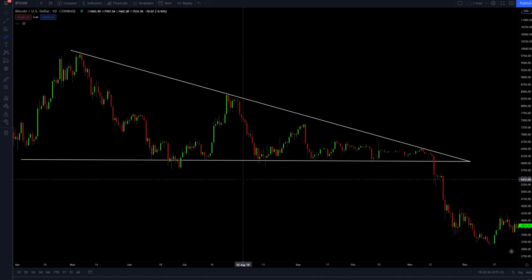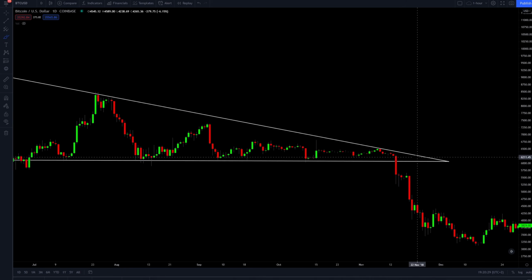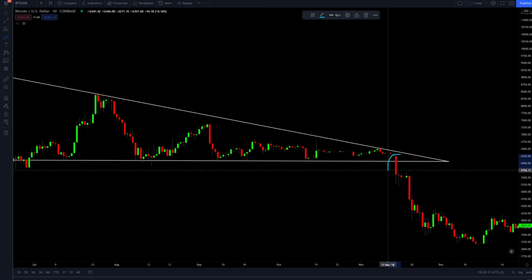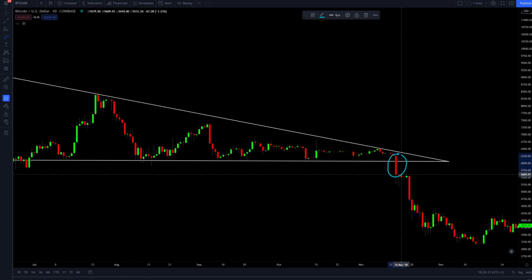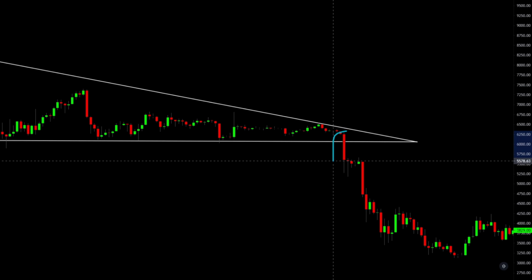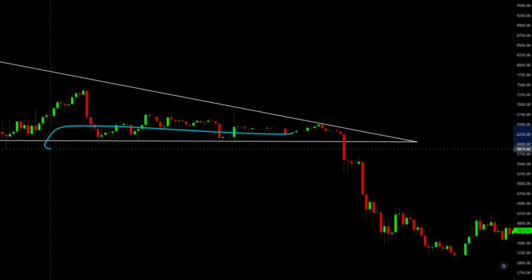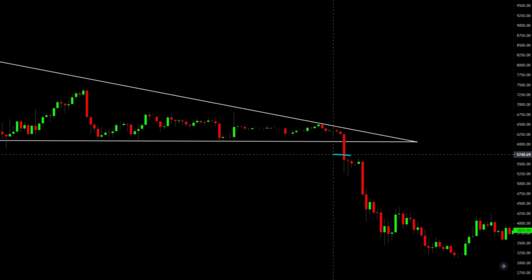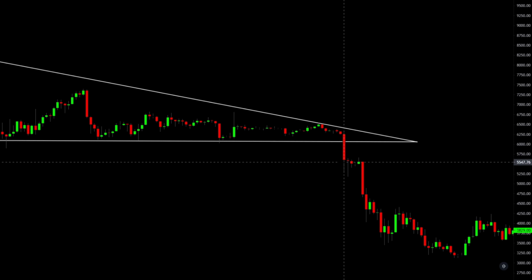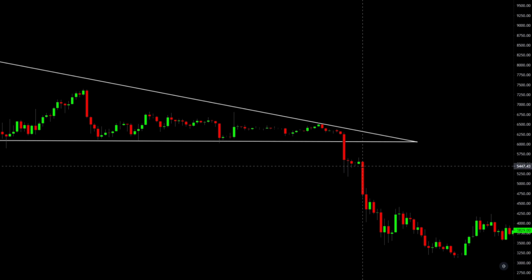So in this example, one way to enter would be that you could have waited for this candle, this day, to close, because when this day closed, we had a clear candle close below this white line. So it's a pretty clear breakout, and you could enter right here. And in this case, you would have made a pretty nice profit.